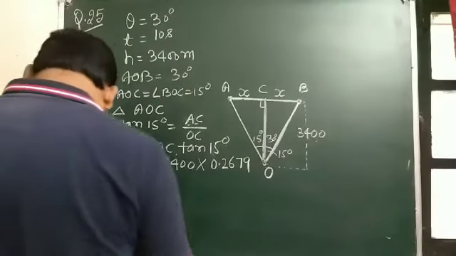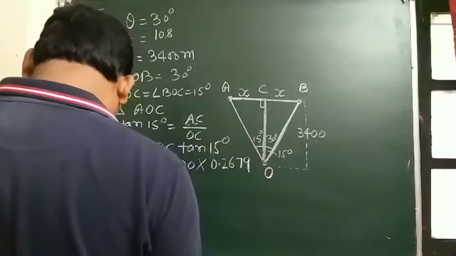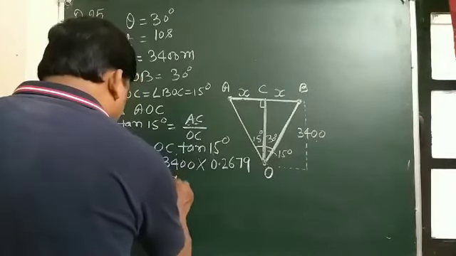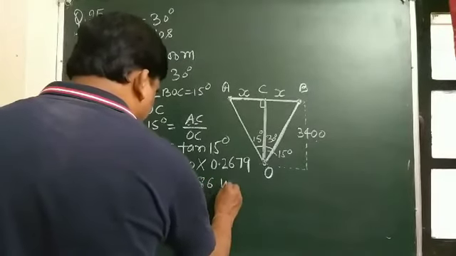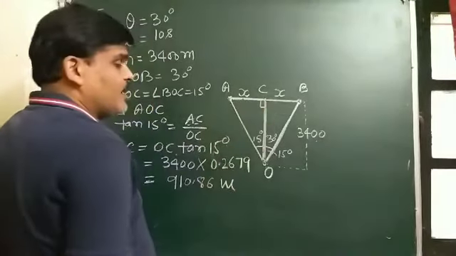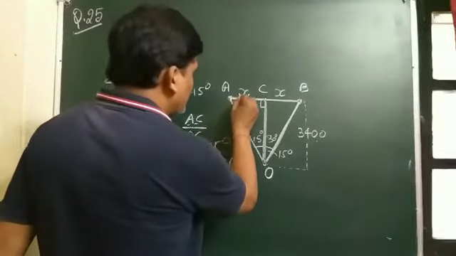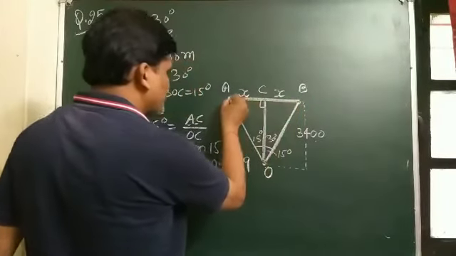After solving this, it comes out to be 910.86 meters. This is the distance AC, and we have to find the total distance, that is 2x.